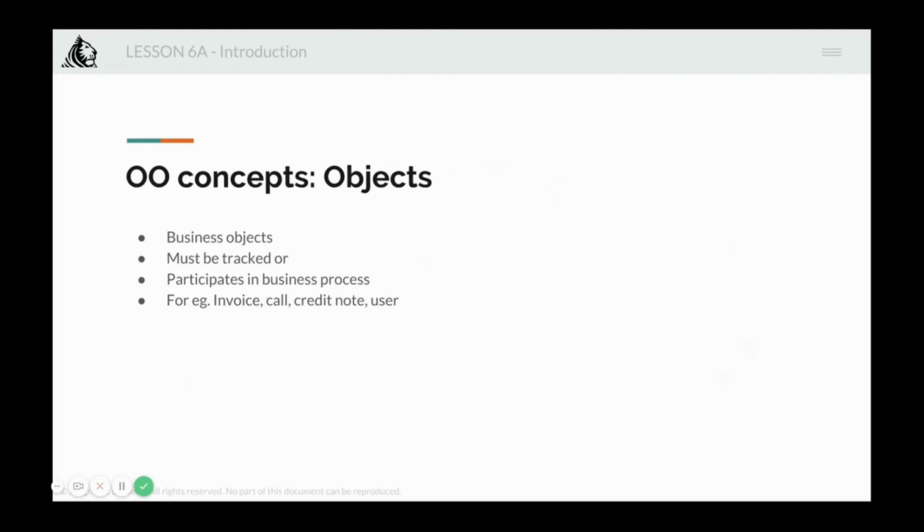A business object is something the business and the IT system that automates it must keep track of, or that participates in business processes. In our case, invoice is an object.